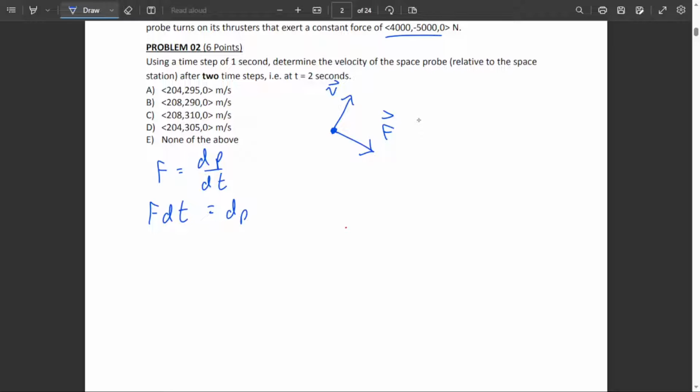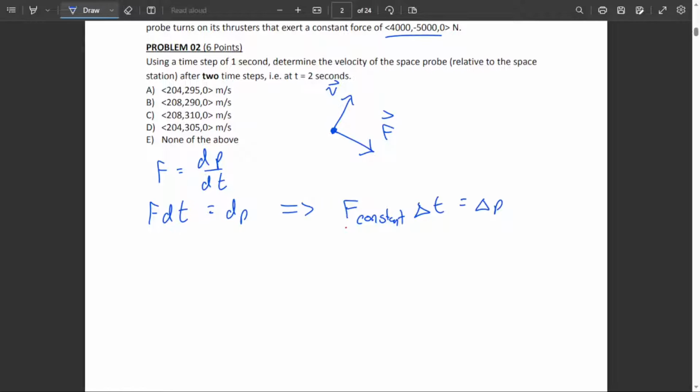But because the force is constant, we can directly use the total change in time to get the total change in momentum of the probe over 2 seconds. And so, we'll write constant.